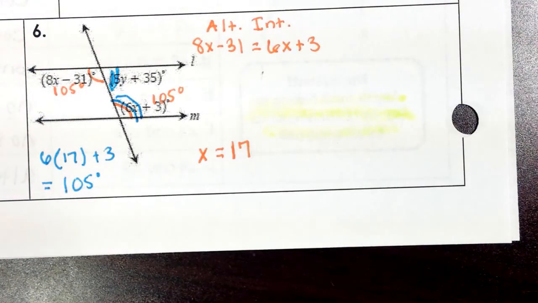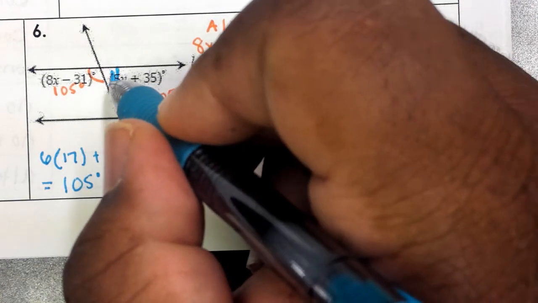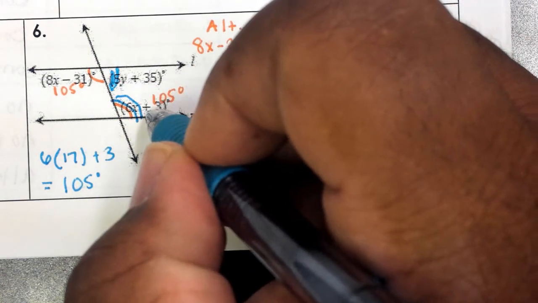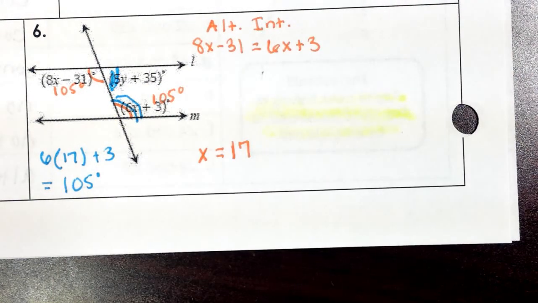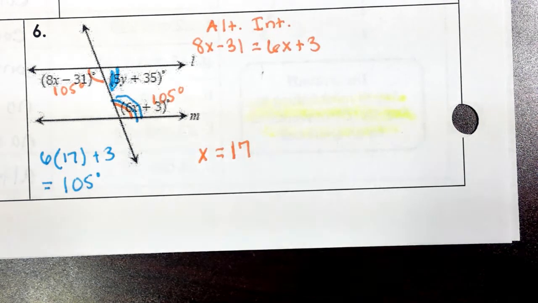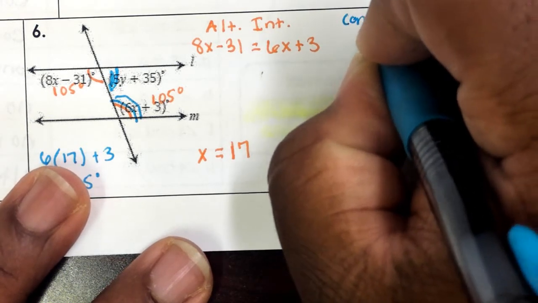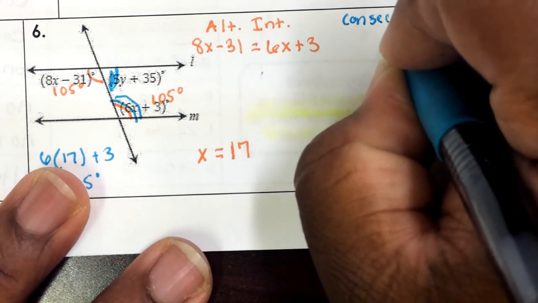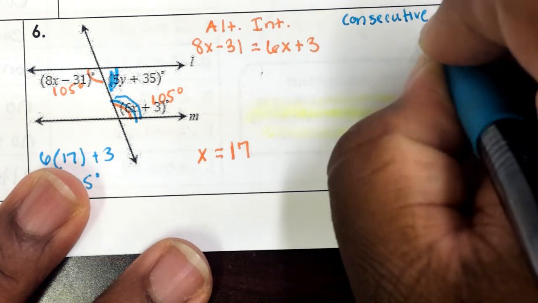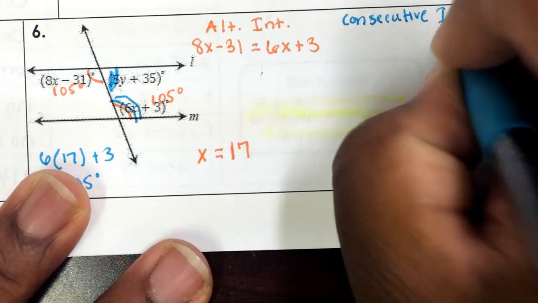But I'm going to look at it with here. So for me, I know that this angle right here with the y on it and this angle now that I found that's 105 degrees, those two angles are consecutive angles, just from my angle pair relationships. I'm using the harder one obviously because I want y'all to see consecutive too.